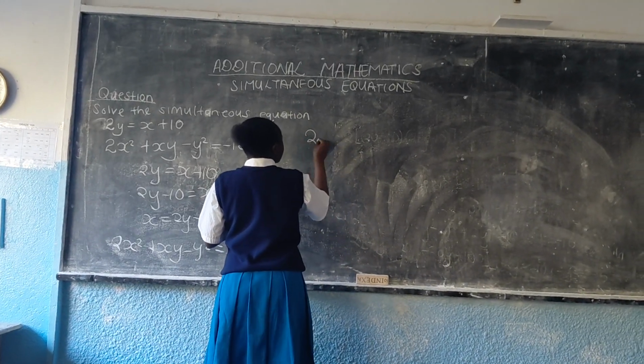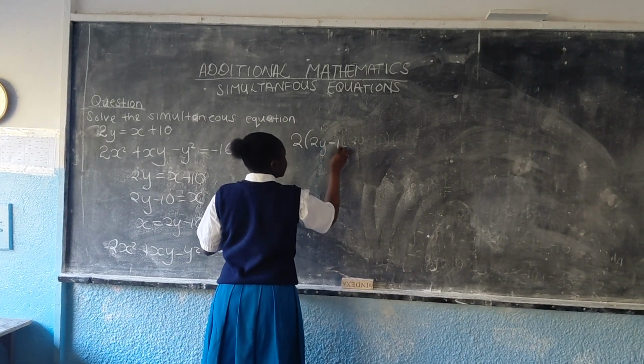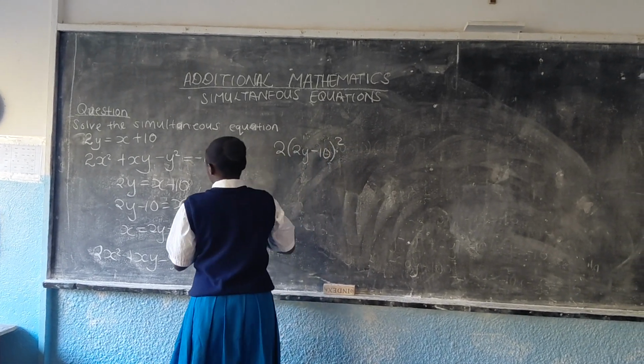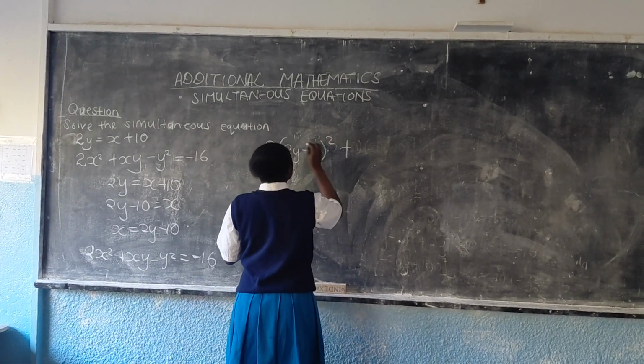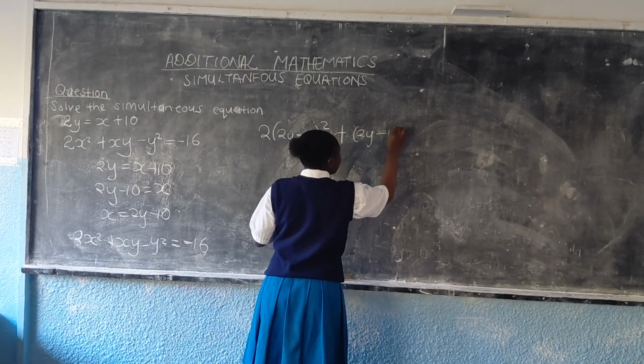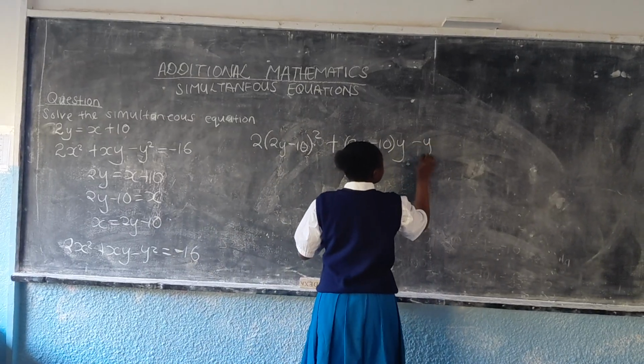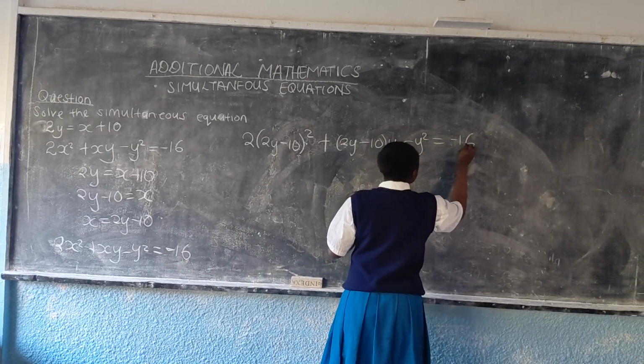So it will be 2(2y − 10)², because the x is also squared, plus (2y − 10)y − y² = −16.